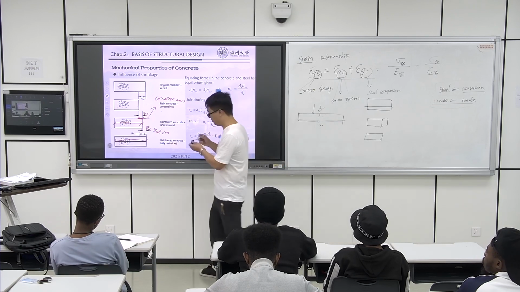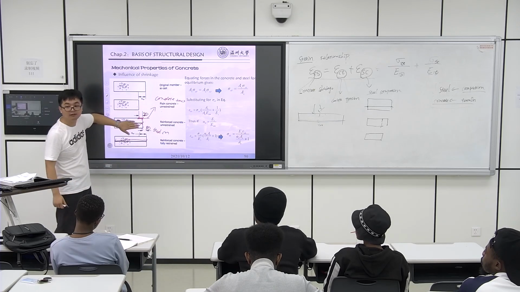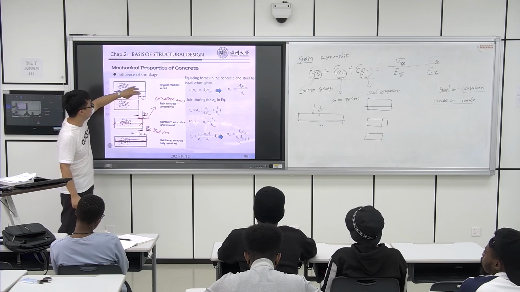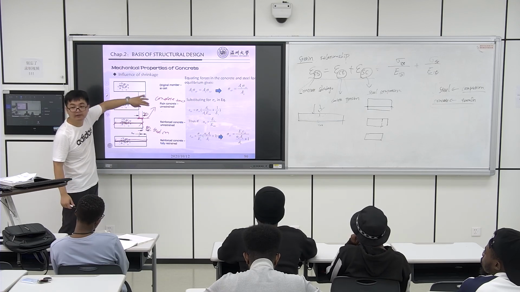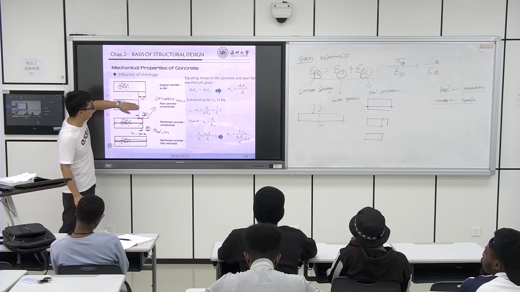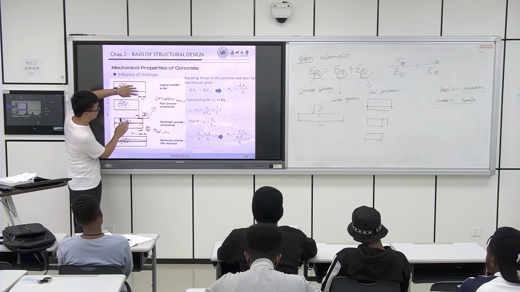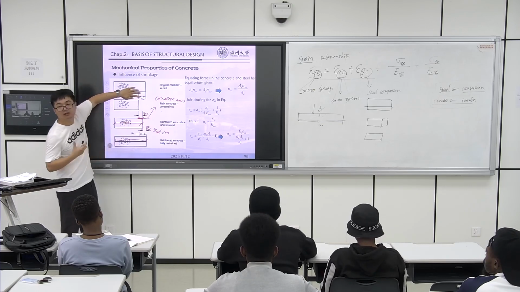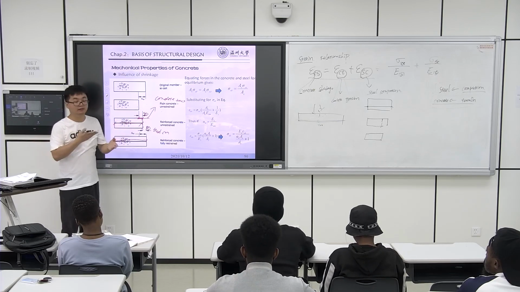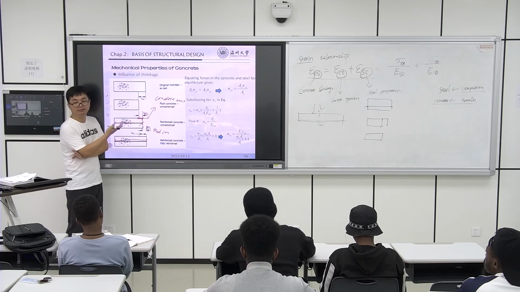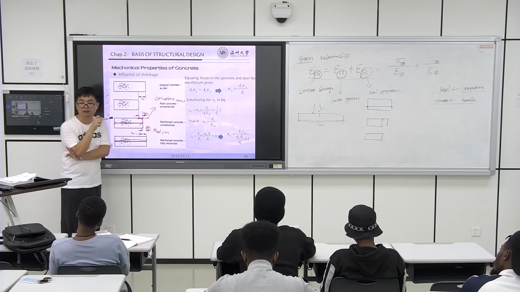Of course, if there is no steel bar, the shrinkage will cause this deformation here. Comparing this one to this one, we found the concrete is larger in the length direction, because the steel bars provide a restraint to the concrete.